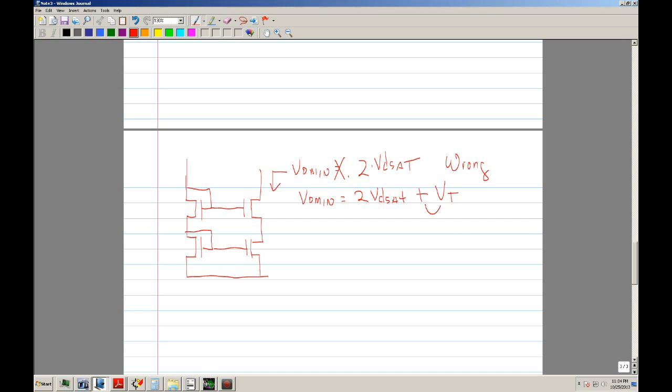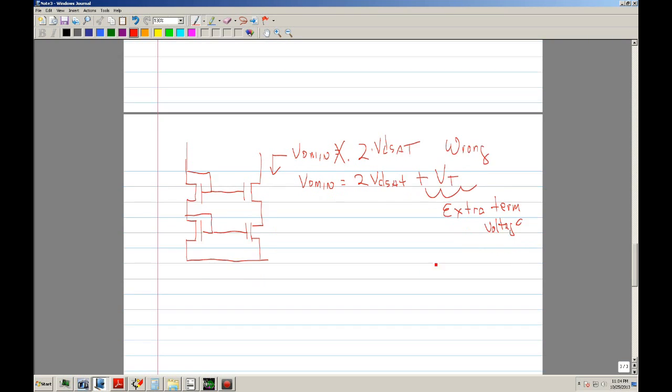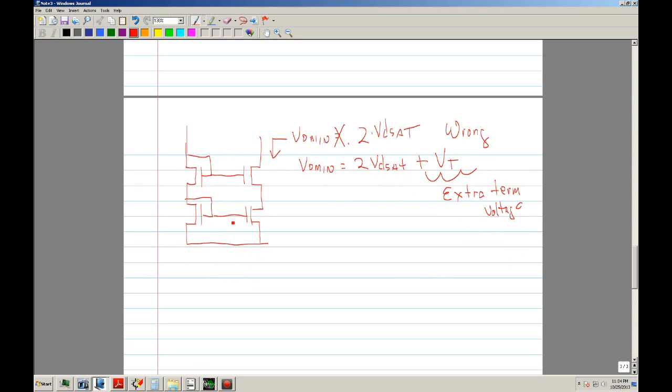So you actually have this extra term, or it's an extra voltage. Okay, so let's see how we can derive this. How do we prove this statement that I just said?